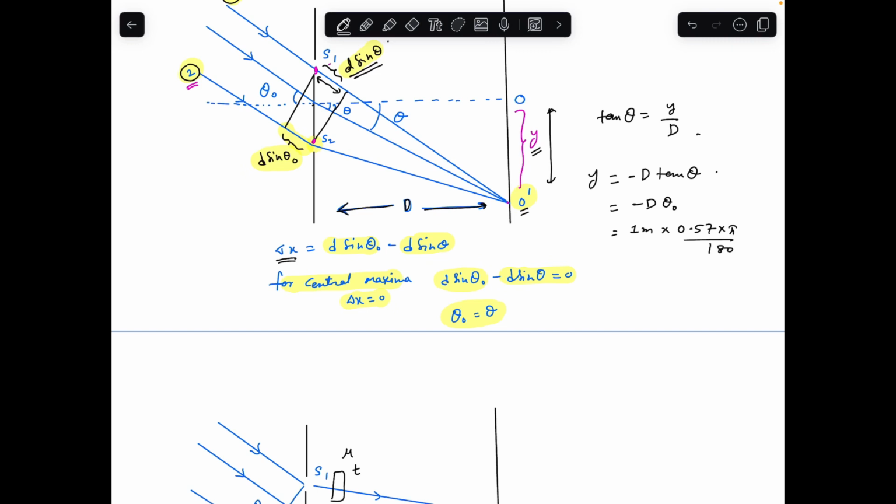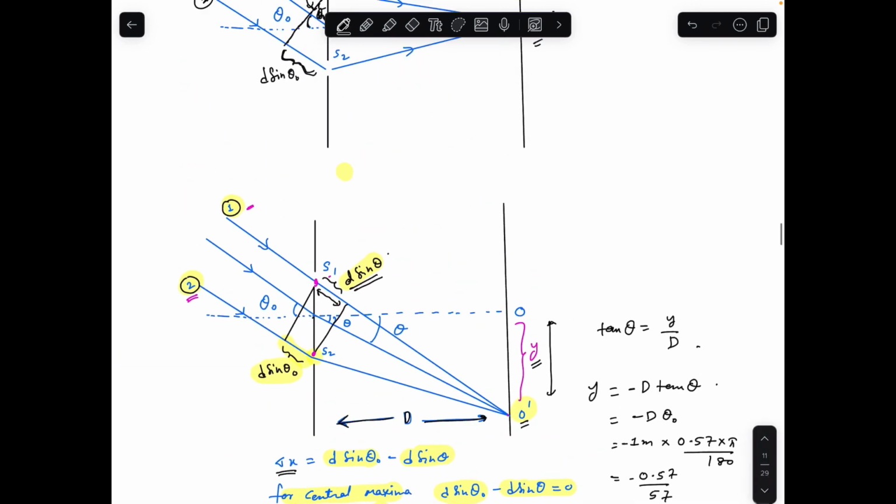So pi by 180, you know, 57. So 0.57 divided by 57. So from here I am getting y equal to minus 1 centimeter. So this is the distance of central maxima, shifted central maxima, from point O. So this is the answer of the first question.